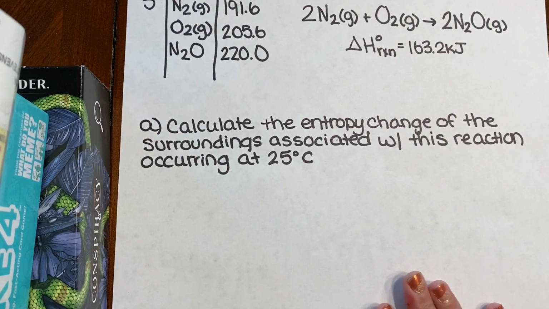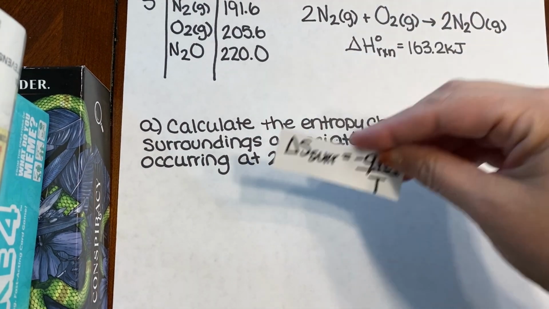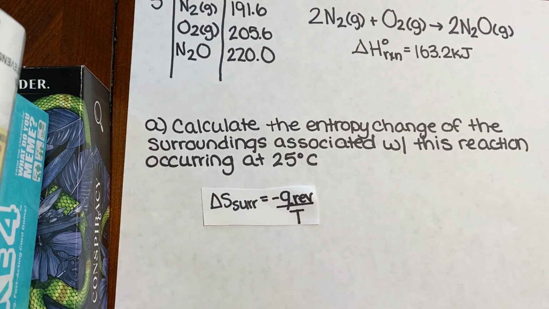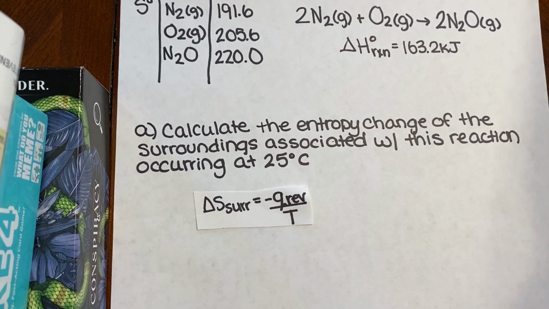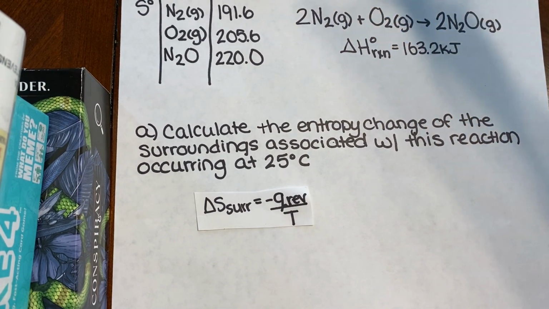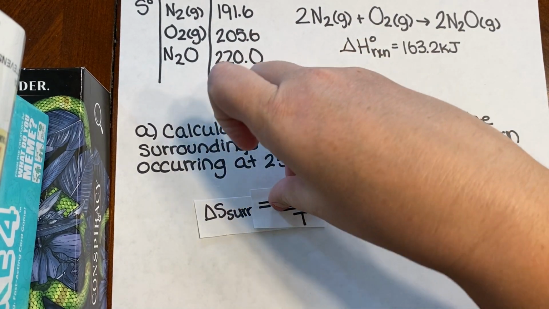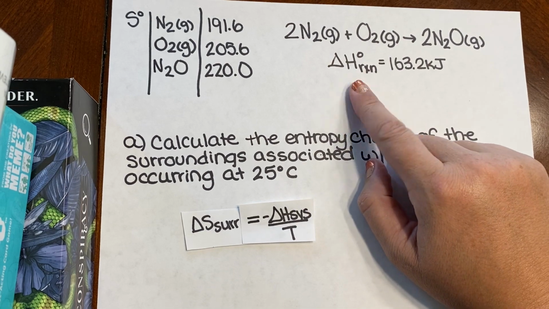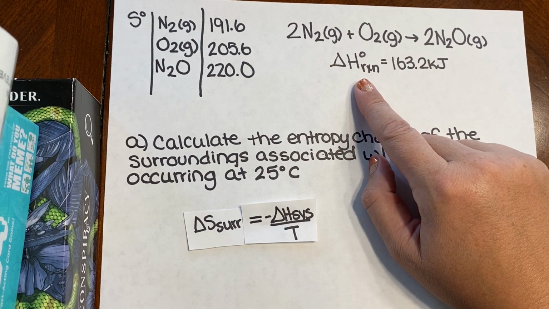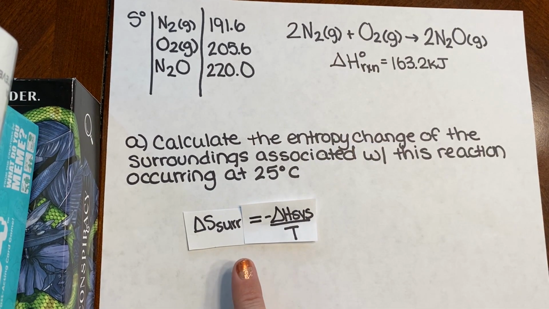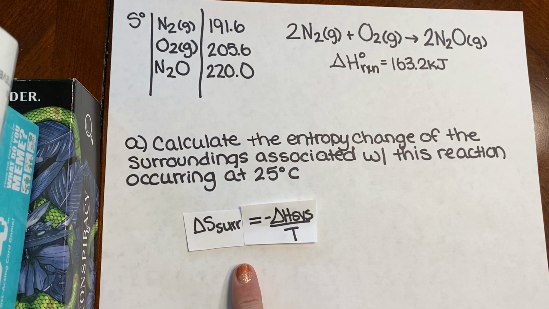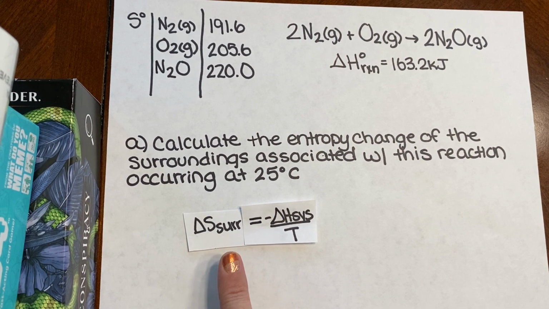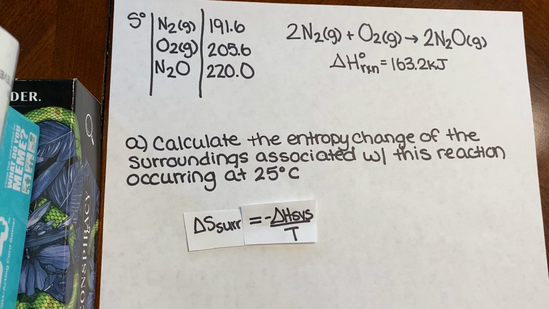Why are we not using it? Because we can go back to this. And why can we use this? Because we are given an H value. We are given this enthalpy of the reaction. And because of this, we can calculate our delta S of the surroundings.